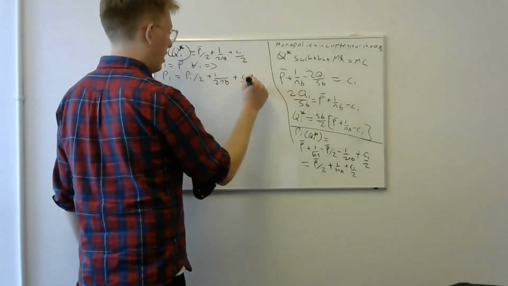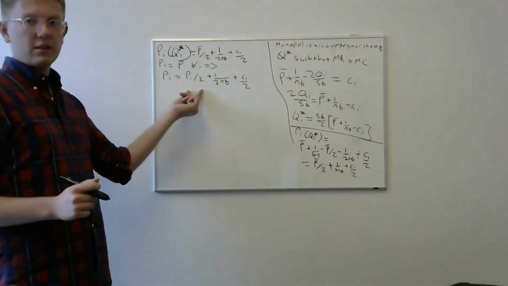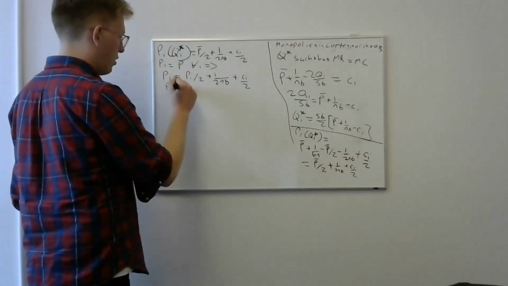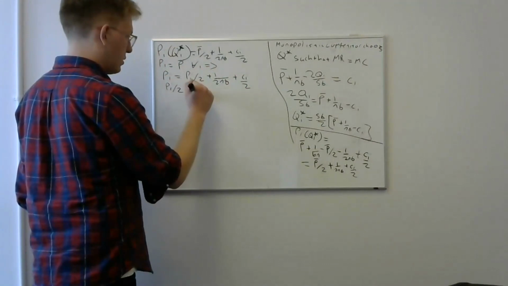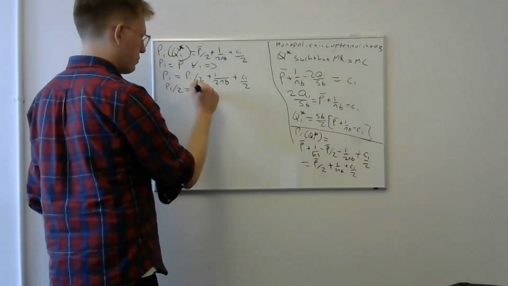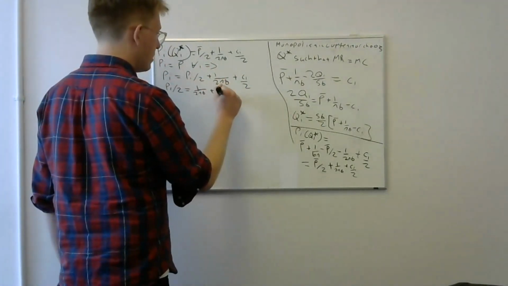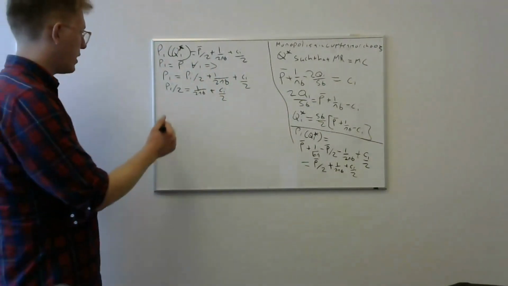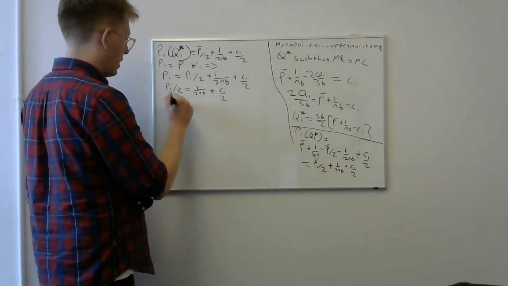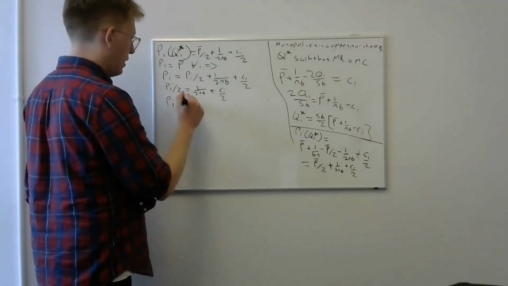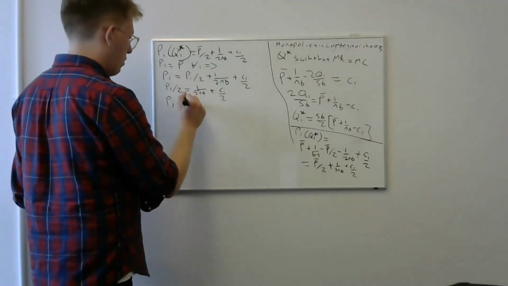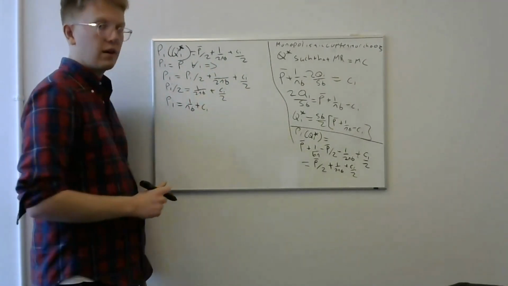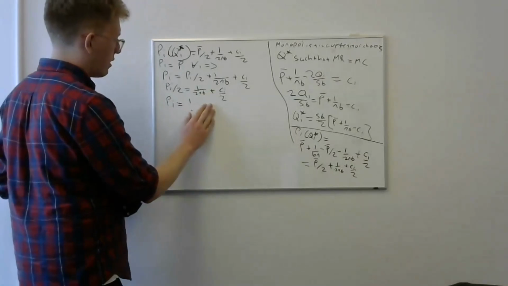If I subtract this P_i over 2 to the other side, what I'll get is P_i over 2 is equal to all of these terms on the right-hand side from before. Then I'm just going to multiply by 2 on both sides, and what I'll get is that P_i is equal to 1 over MB plus c_i. We're just rewriting that slightly.